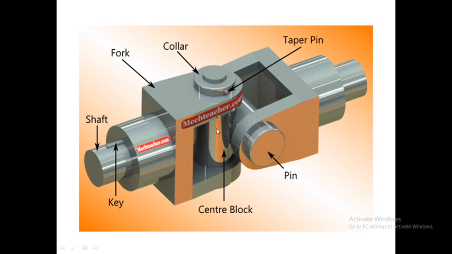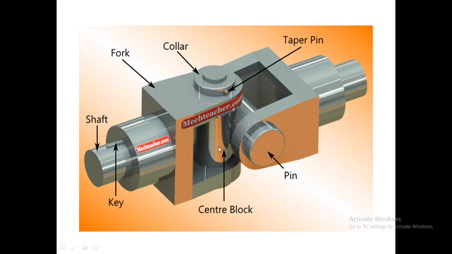So the center block consists of two hollow cylinders, the vertical cylinder inside the vertical fork and the horizontal cylinder inside the horizontal fork. This center block is used to join both the horizontal fork and the vertical fork.